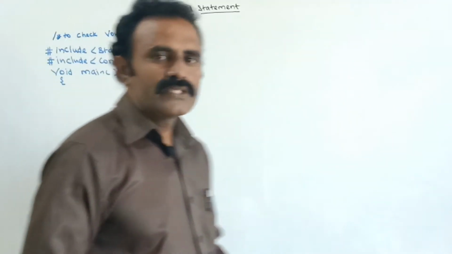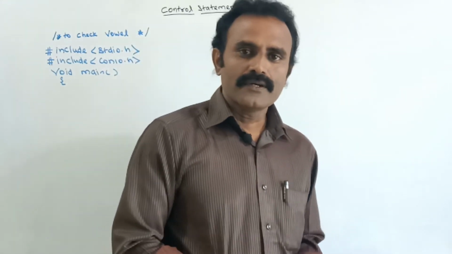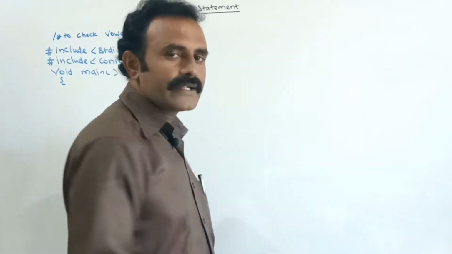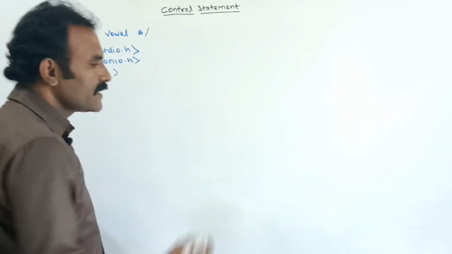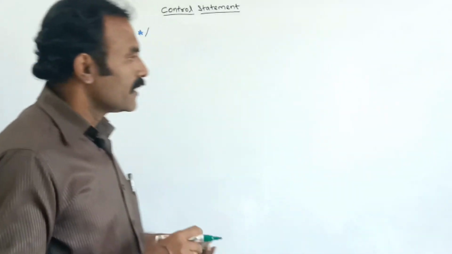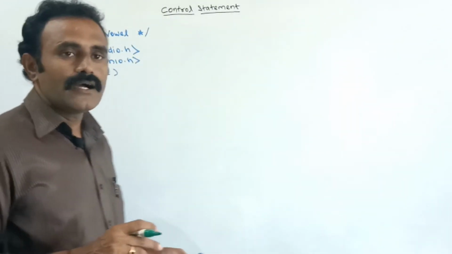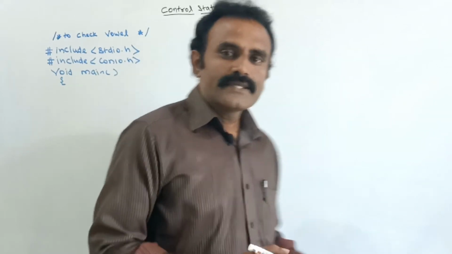See, up to this we have compared the integer data type, float and character data type. In this example, a single character we have compared. Now let us see how to compare two strings.